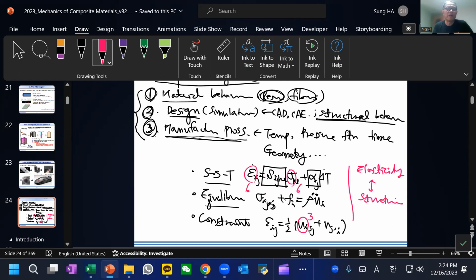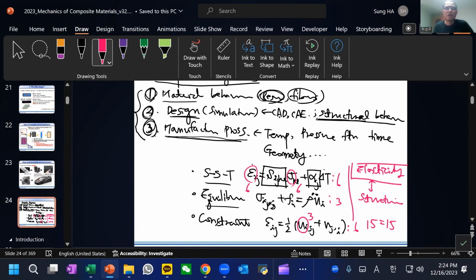So totally how many? 15. Now the equations: the equilibrium is 3 equations, the constitutive relation is 6 equations, and strain-displacement is 6. So as you can see, this is 15 equal to 15. 15 equations and 15 variables to solve, that is the elasticity.